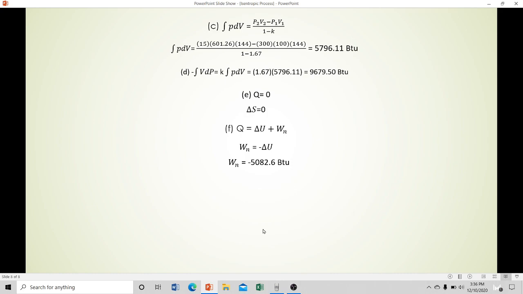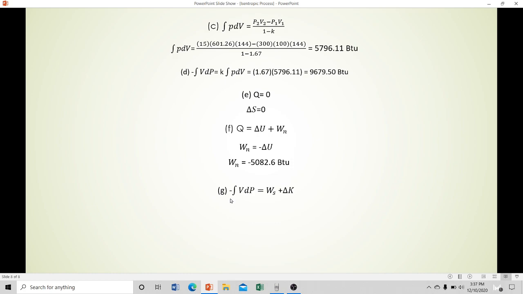There is a data: Q equals change of U plus work non-flow. So work non-flow equals negative change of U, since our Q is equivalent to 0. So our work non-flow is negative change of U, or the work non-flow equals negative 5082.6 BTU, the change of internal energy we got earlier.